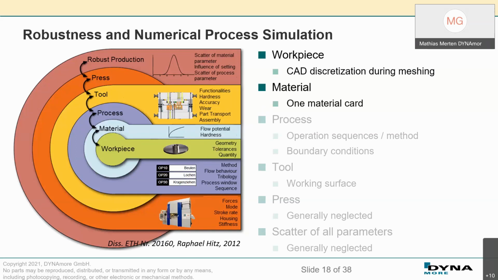The material usually is described by one material card. And depending on what material you are working with, you know there are several standards. For example, for these automotive steels from the VDA, they have a very high number of criteria these materials should fulfill to be marked as, let's say, DP 800 or so.